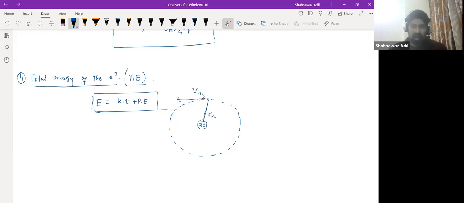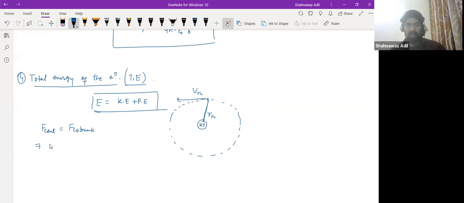So we can write the property that we use. Then what is providing that centripetal force? That we already know: the centripetal force is provided by the Coulomb force, right? Centripetal force is how much?